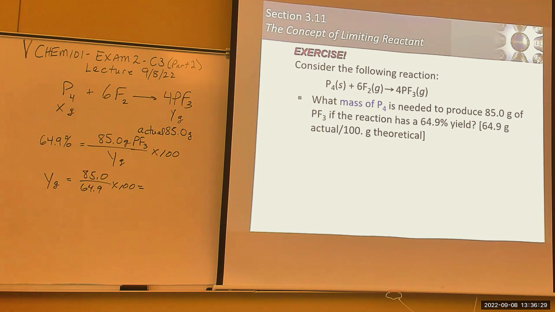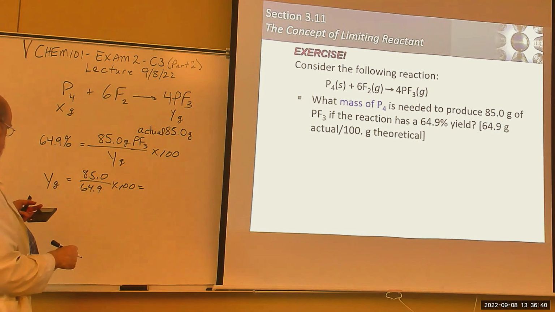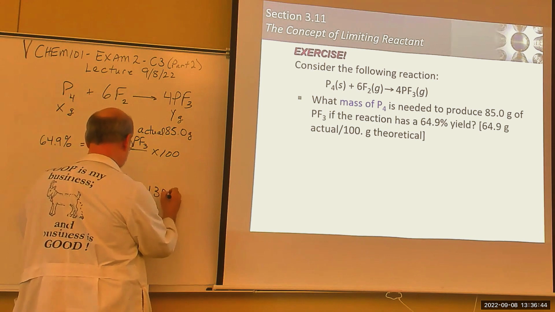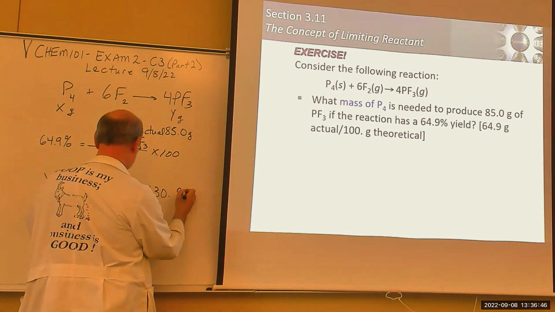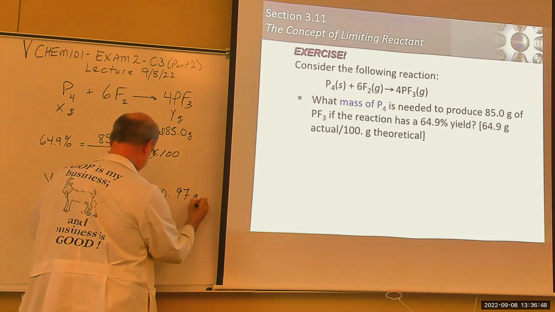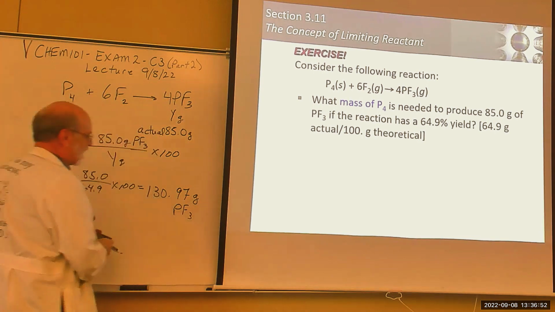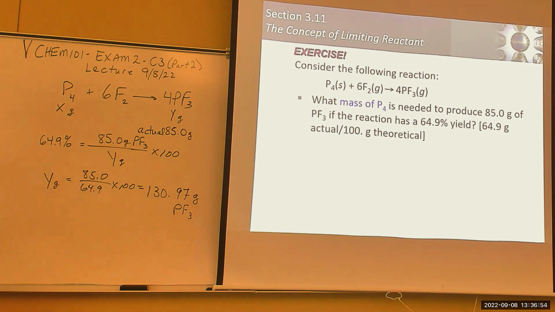Let's see. 85 divided by 64.9 times 100. I get 130. Let's keep a bunch of decimals here. 130.97 grams of PF3. That would be the 100% theoretical amount.